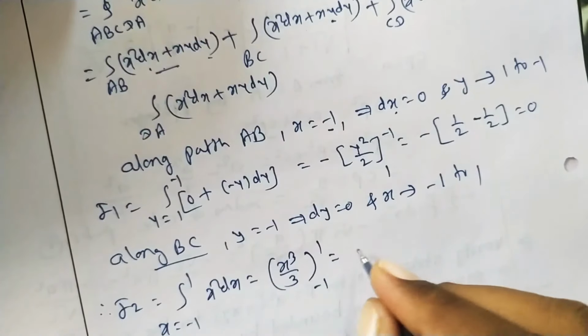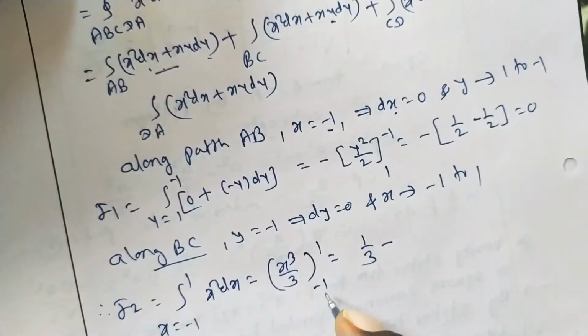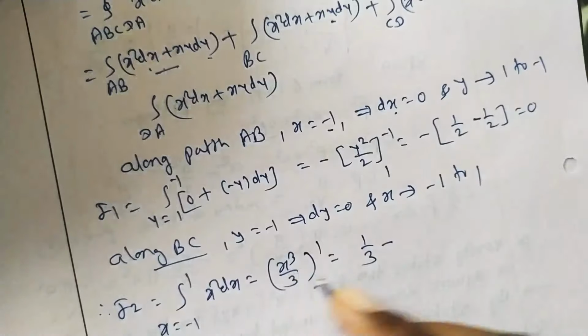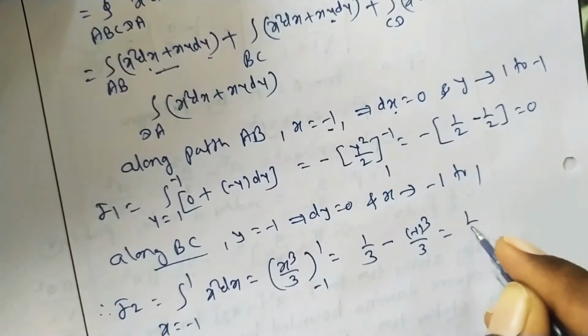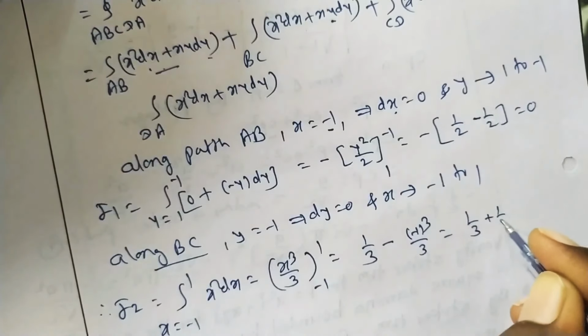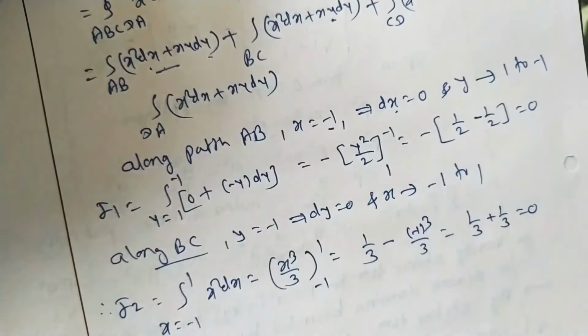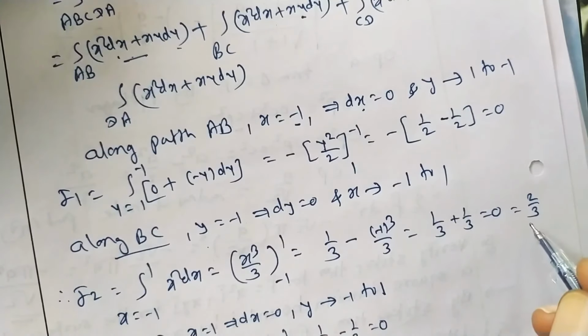Upper limit, if you put x equal to 1 here, so 1 by 3, minus the lower limit x equal to -1, if you put here, -1 cube by 3, that is 1 by 3 plus 1 by 3. So I2 is equal to 2 by 3.